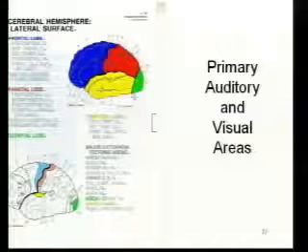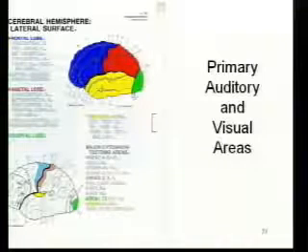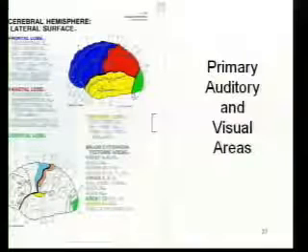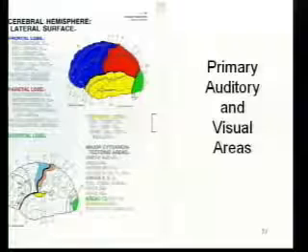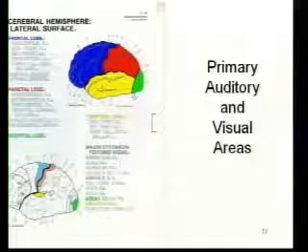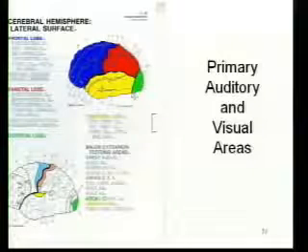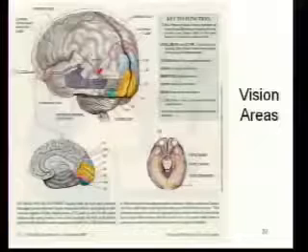Just in passing, I want to point out that there's a kind of substructure here that's interesting. We've already talked a little bit about differentiation of function within the frontal motor cortex and the parietal somatosensory cortex in terms of the motor and sensory homunculus, the little man in the head that shows where all these little areas are located.